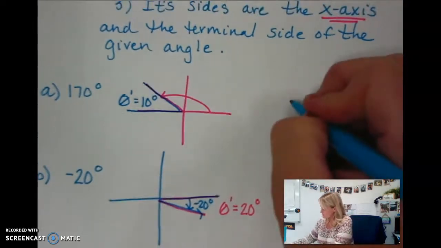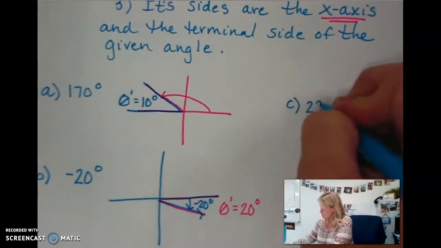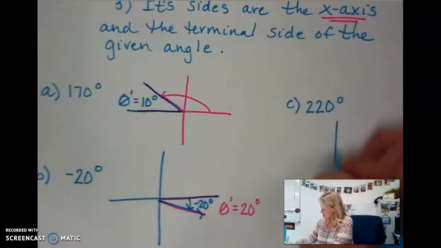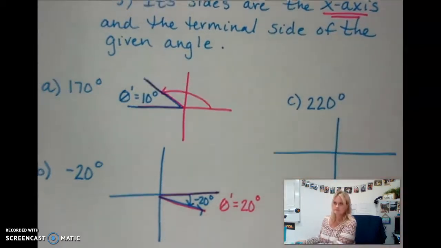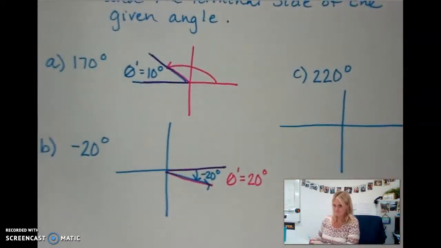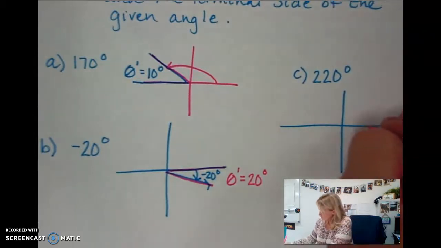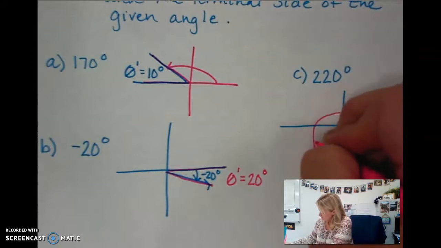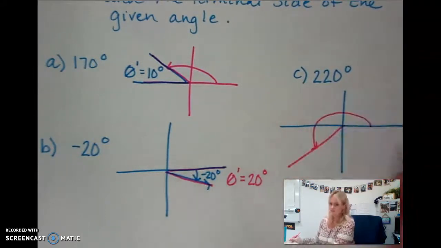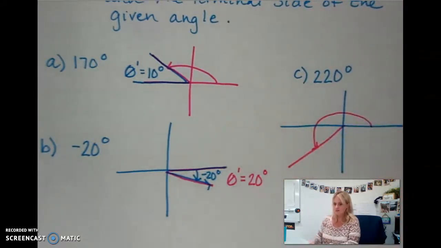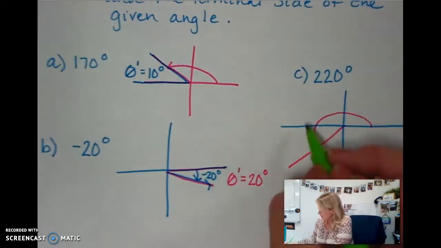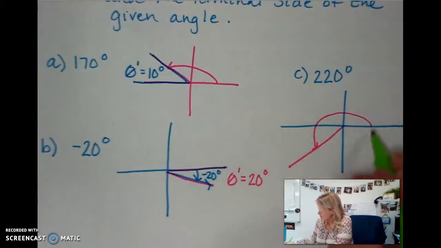You try this one on your own. 220 degrees. 220 is right over here. Again, we have to use the x-axis as our reference. That's helpful. And I have a choice of this x-axis and over here, but that's more than 90.